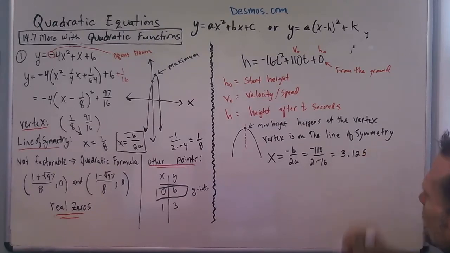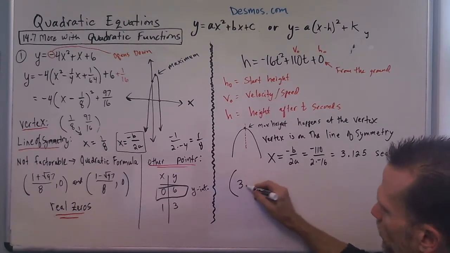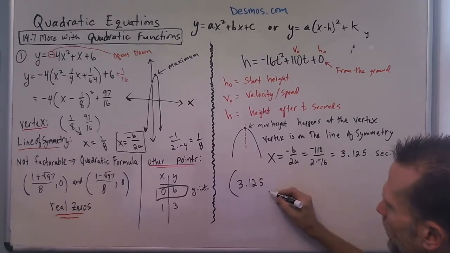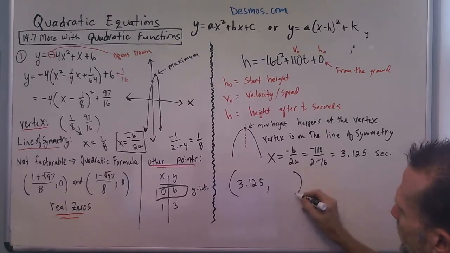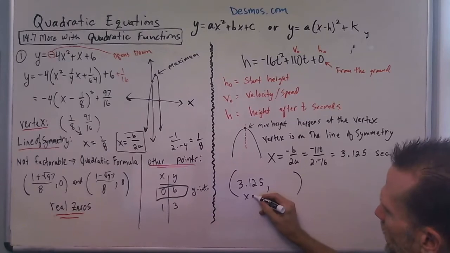So we get x is equal to 3.125. So this is the number of seconds where the max height occurs. When you think about this, we have 3.125 for the seconds. That's the x or t.